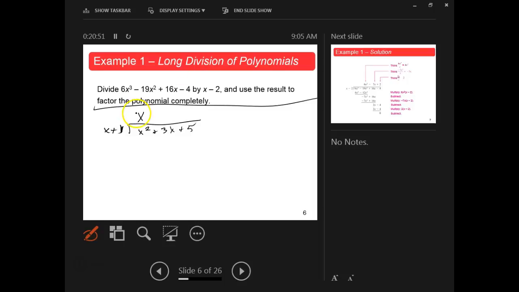I don't care. Next, multiply: x times x is x squared, plus what? Plus x. And then subtract. This one is easy to subtract. That goes to 0, and this becomes 2x. Or you can change signs and add. Next, bring down the plus 5.